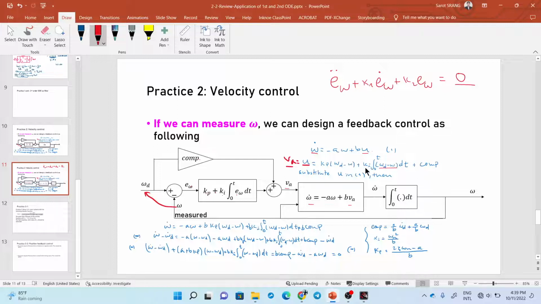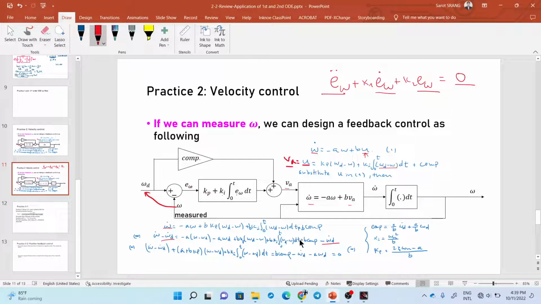So substitute u into this equation, and you derive to get errors like this. Let's say you have only omega dot, then you need omega d dot. You need minus omega d dot, then you just minus it, and you also minus it on the right hand side, something like that.